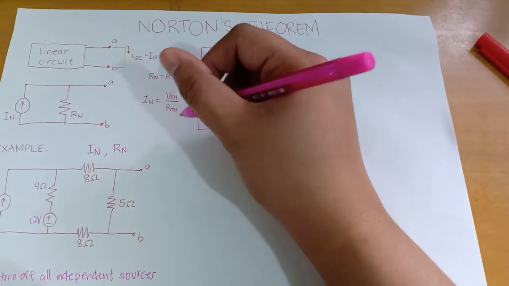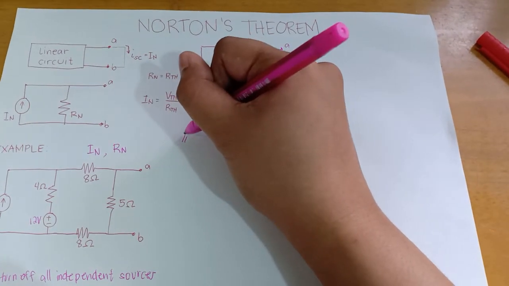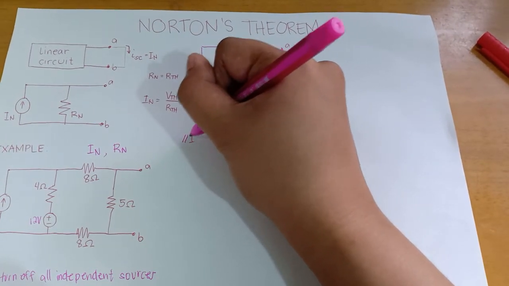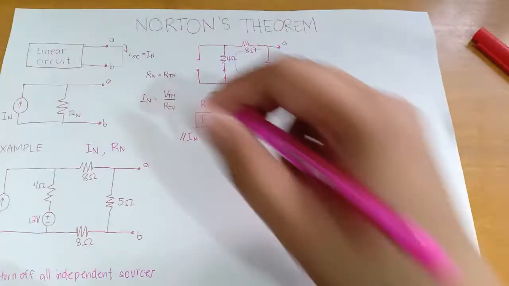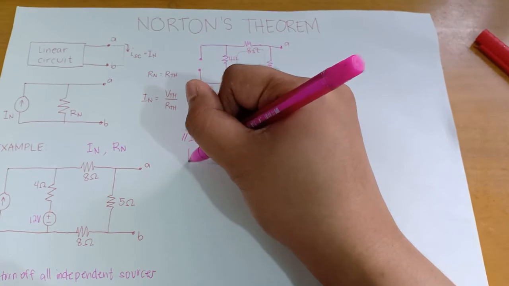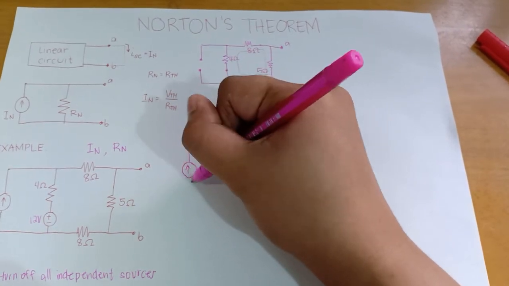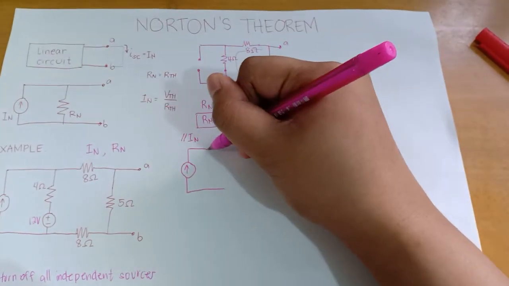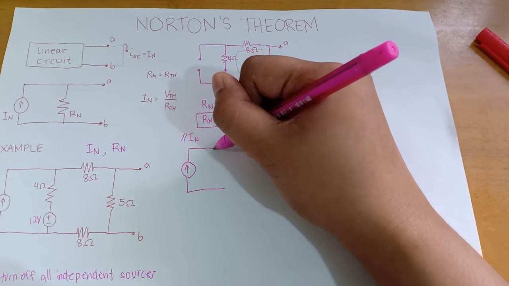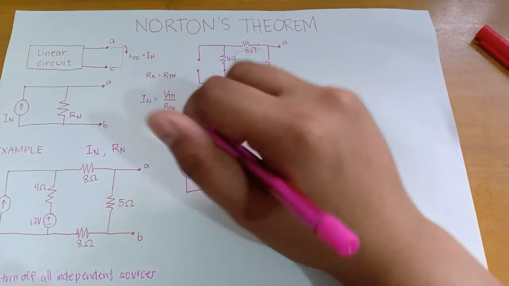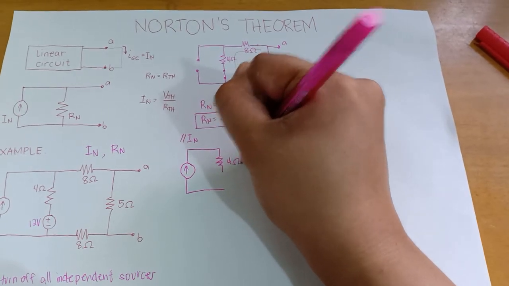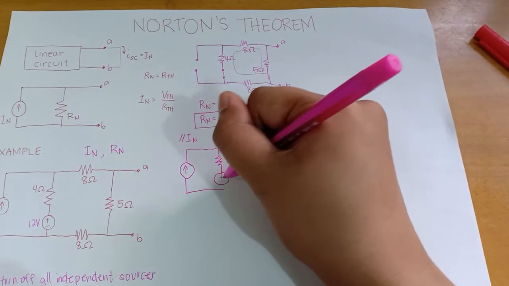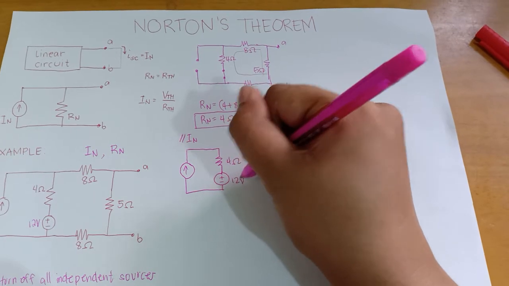Let's solve for I sub n. Yung current, short circuit current, doon sa terminals A and B. So, balik natin, of course, ang ating mga sources para makapag-solve tayo ng I sub n. So, ano ba ito ulit? 12 volts.